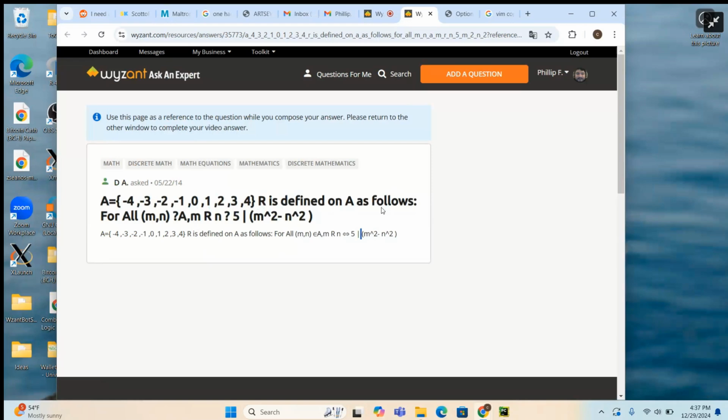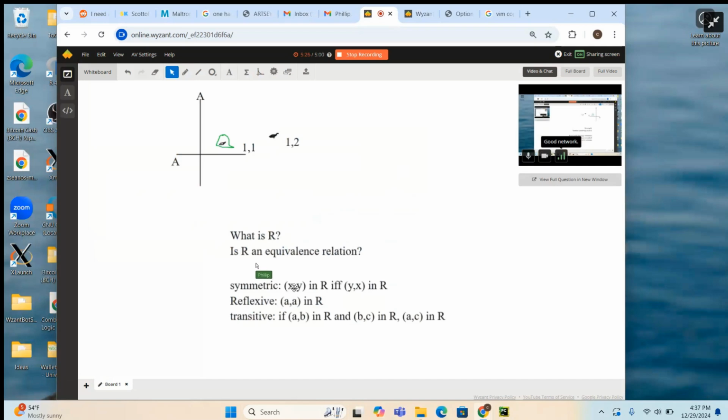It doesn't matter if you're taking the positive or negative; it's either divisible or not. 5 divides 0, positive 5, negative 5, and so on. Knowing that symmetry, flipping x and y, is really just making the difference positive or negative and then checking divisibility, we know that R must be symmetric.